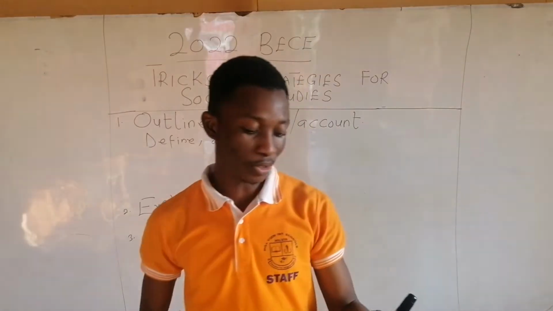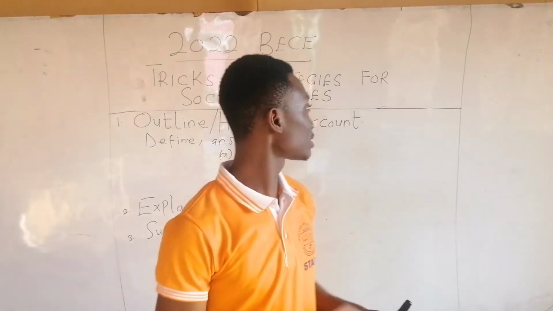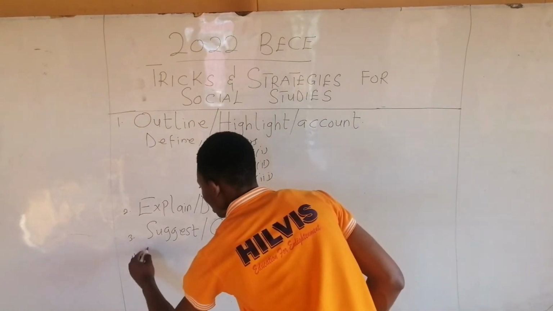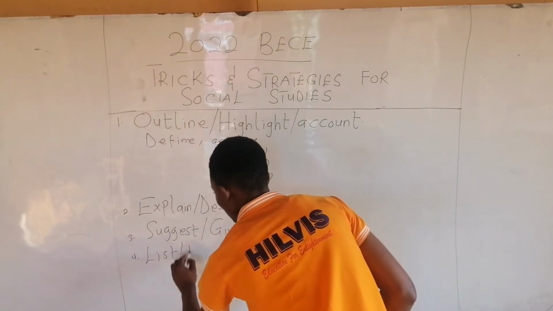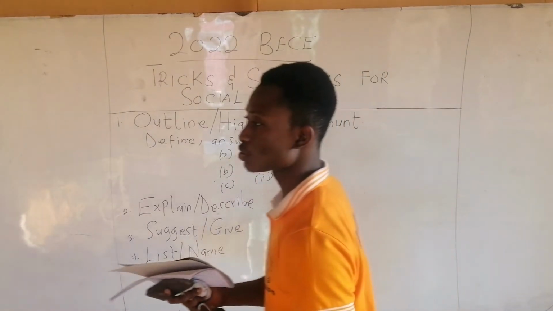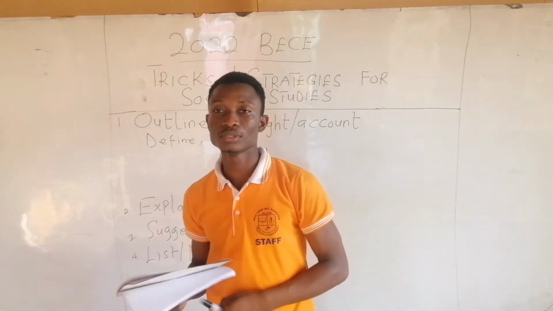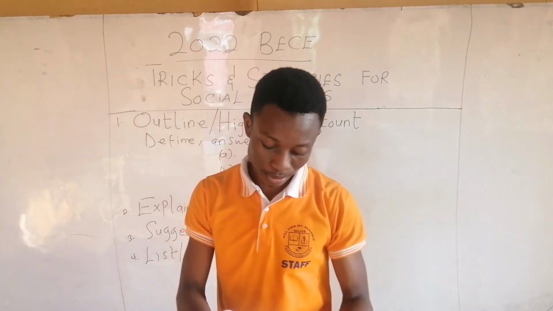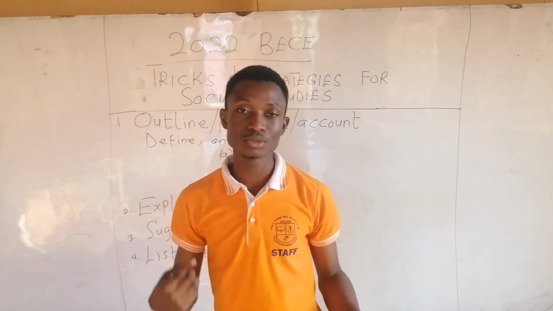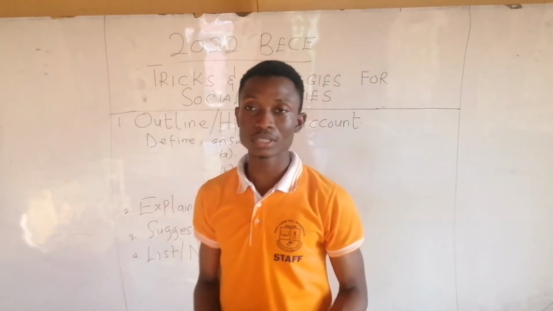The next one, we are talking of list or name. A question that introduces itself with list or name. Here it is very simple. You write the major points linking to the question given.